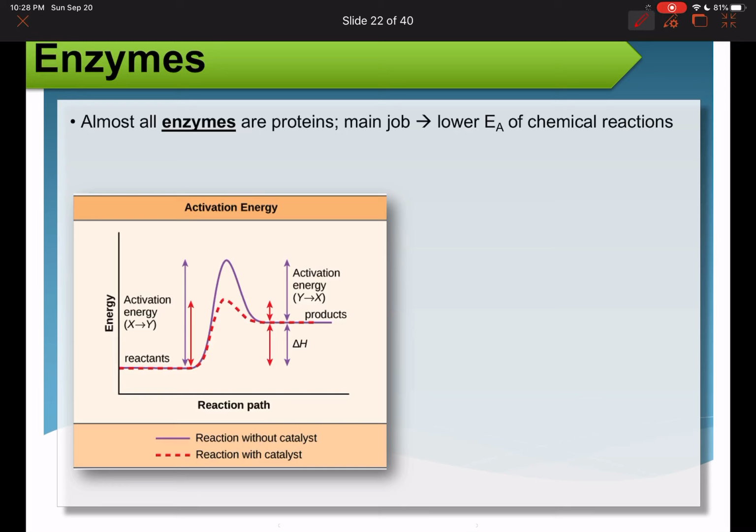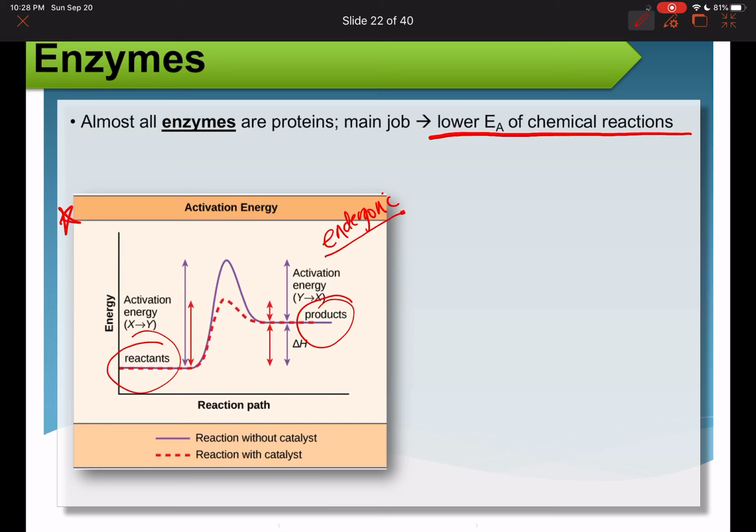The main thing it's doing, okay, remember to highlight this, note this in your notes, is lowering the activation energy of a chemical reaction. So for example, in this particular image, let's say this is an endergonic reaction. As we can see, that reactant is lower in energy than your product. That's why it's an endergonic reaction.